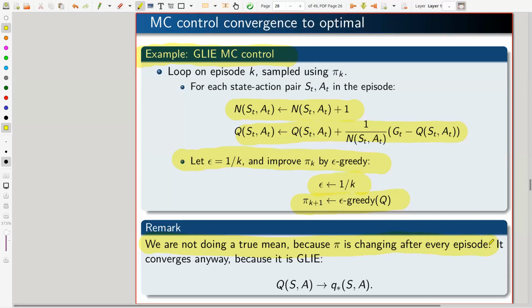If you play Dungeons and Dragons, you know this. I give you a new dice with a different number of faces. And you tell me, but come on, no, I need the same dice. I cannot evaluate the expected value of this dice with another dice. Okay, this is something like what we are doing. But anyway, since the algorithm satisfies the GLIE hypothesis, it works and converges to the optimal value function.